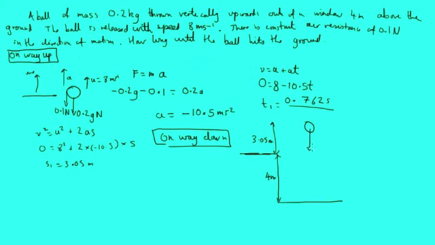Now, pulling the ball down, you've got 0.2 g newtons, but acting against the motion, you're going to have 0.1 newtons. And coming down, gravity is acting down upon this ball.